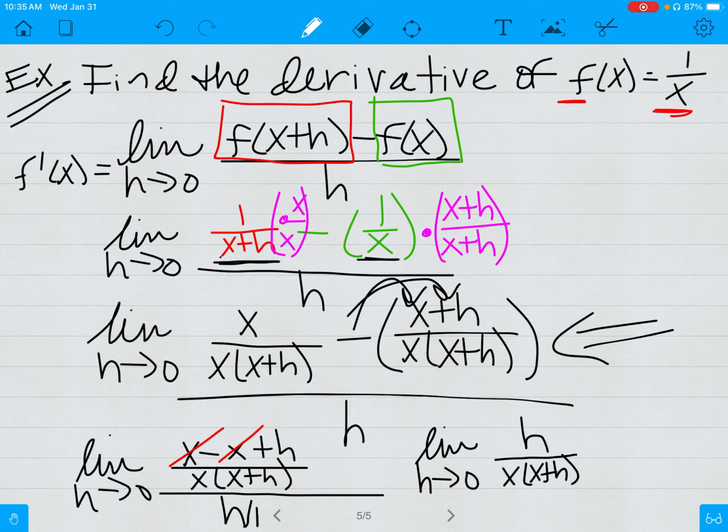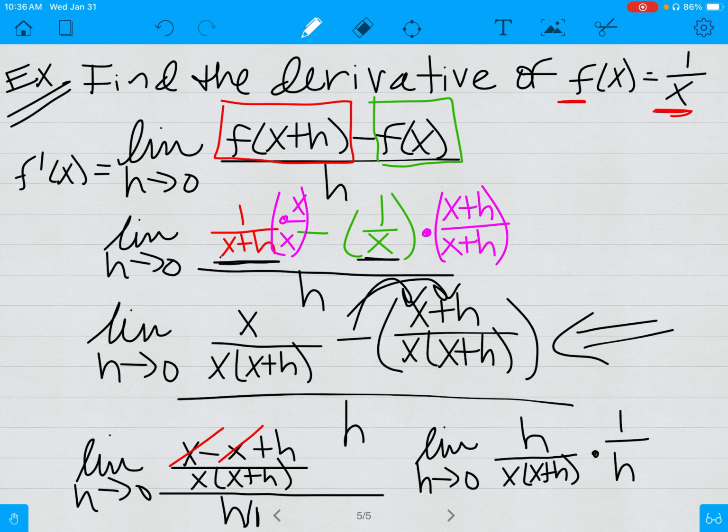Well, we're dividing it by h over 1, right? If my denominator is just a single number, I can always convert that into a fraction by putting it over 1. Now, what's the rule for dividing two fractions? Well, we take the fraction that's in the denominator and we flip and multiply. So this h over 1, we're going to multiply by 1 over h.